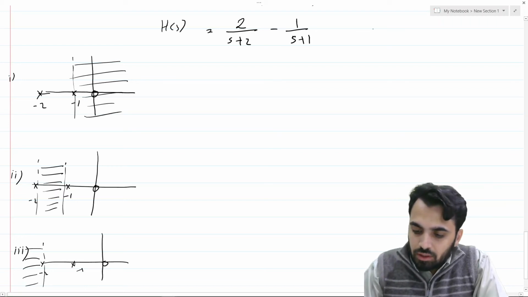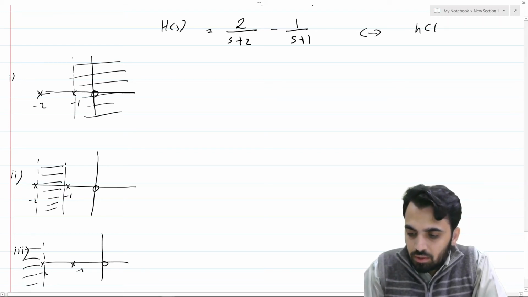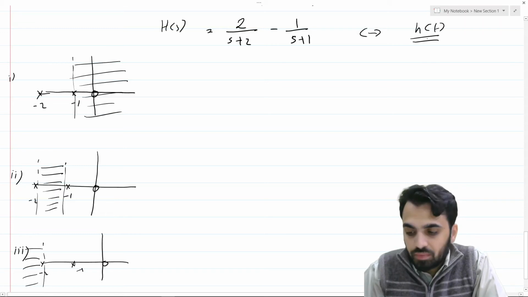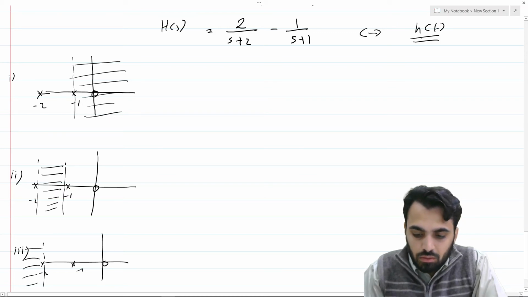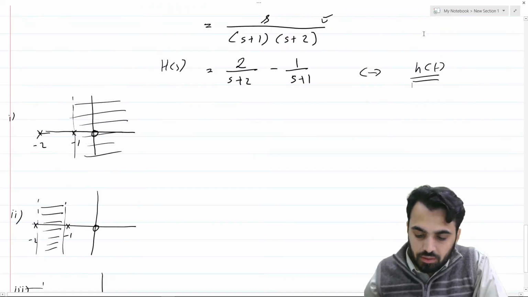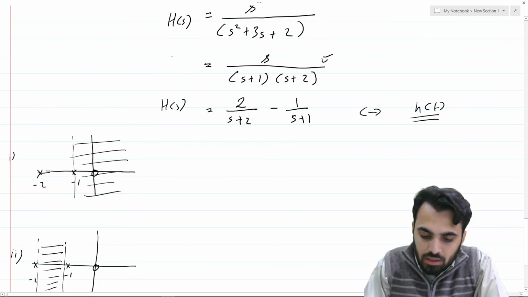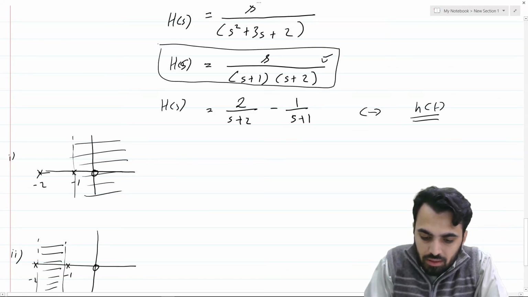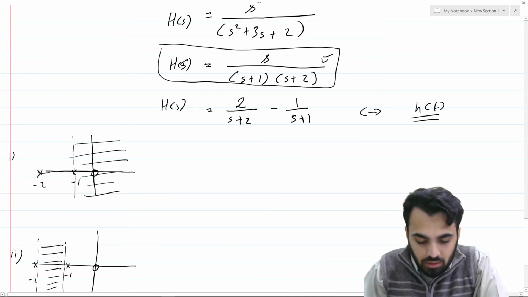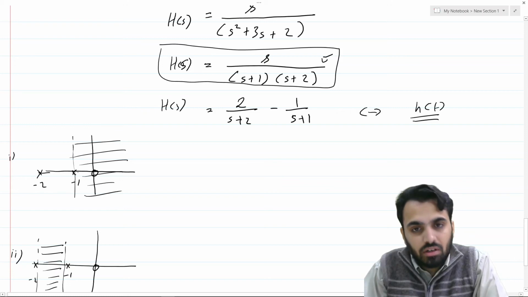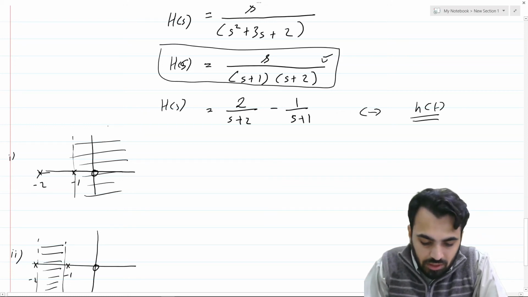So let us try to find the impulse response h of t and determine the causality based on these three cases. Just by inspection, we know that H of s over here is a rational function, and in the first case the ROC is towards the right of the rightmost pole, so this is definitely causal.